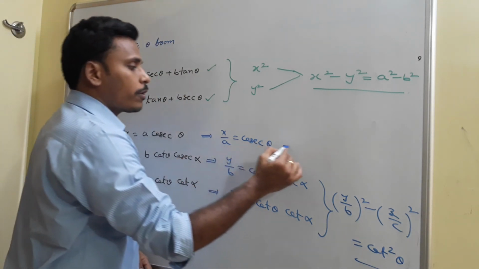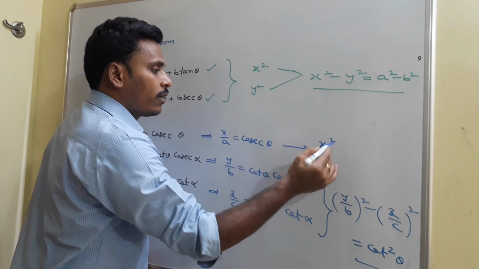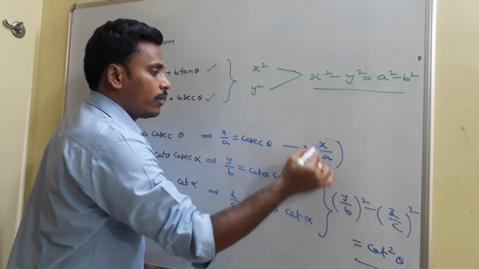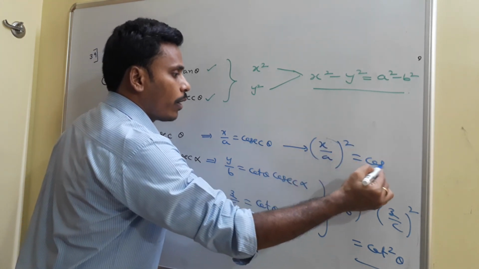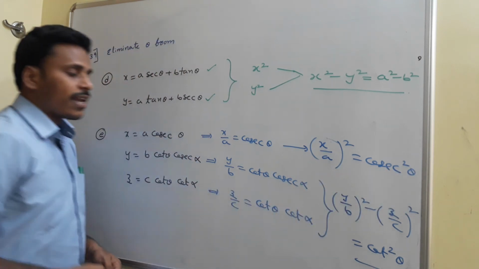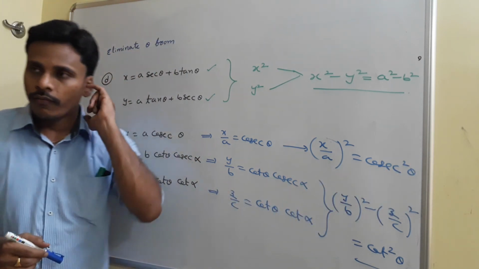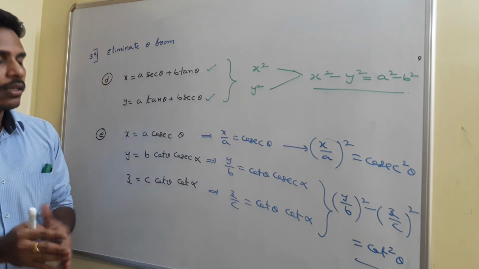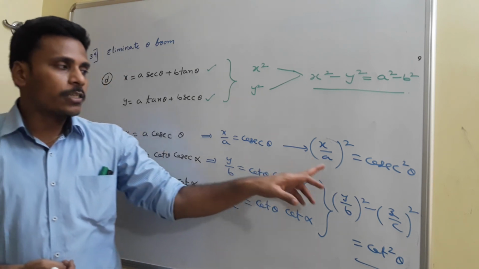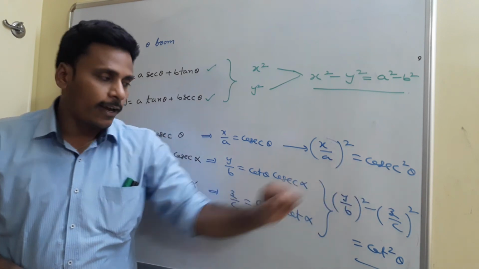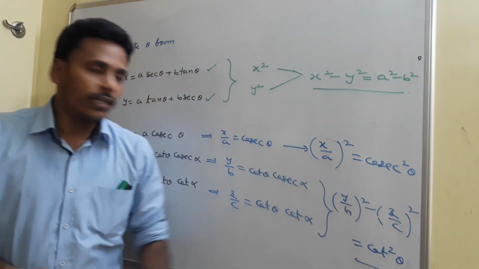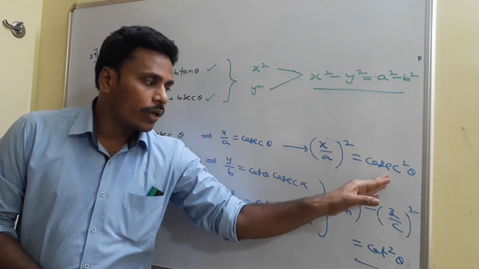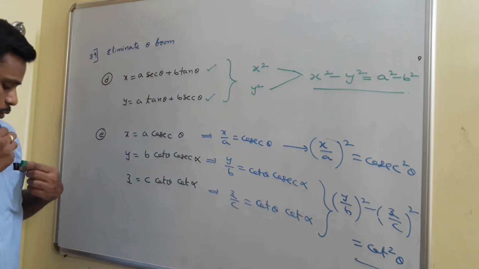And from the first expression, if you square, you will get x by a whole square is equal to cosecant square theta. Just I am giving the hints, that's it, okay? For the complete solution, you need to spend some more time with your attention, then automatically you will get it. At the end, x by a whole square is cosecant square theta. This difference is cot square theta. And we know that cosecant square theta minus cot square theta is again 1.